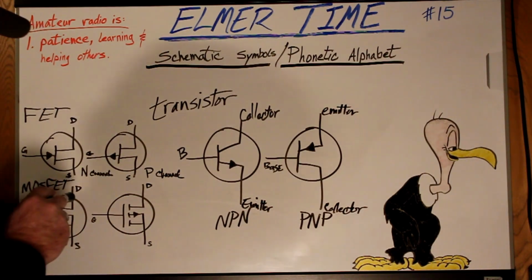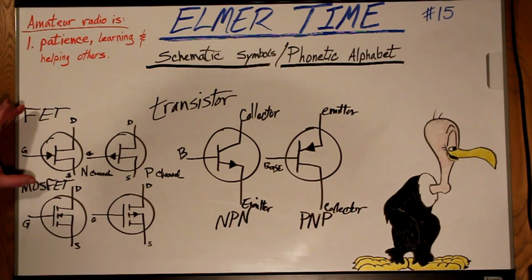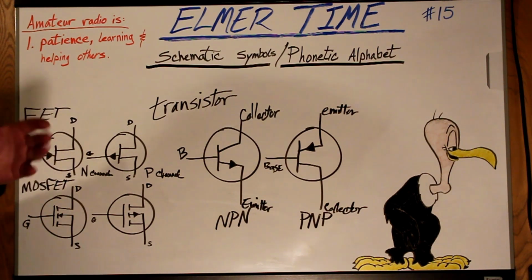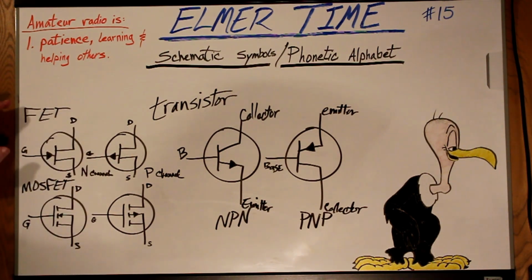Over here you'll see field effect transistors and MOSFET transistors. These are made out of a different substance. They do basically the same thing, only they have other relative things that they can do.